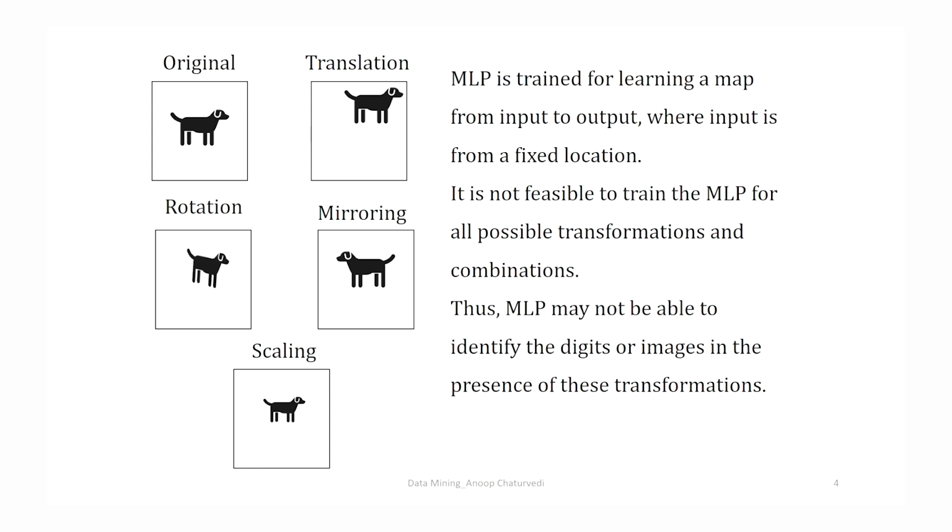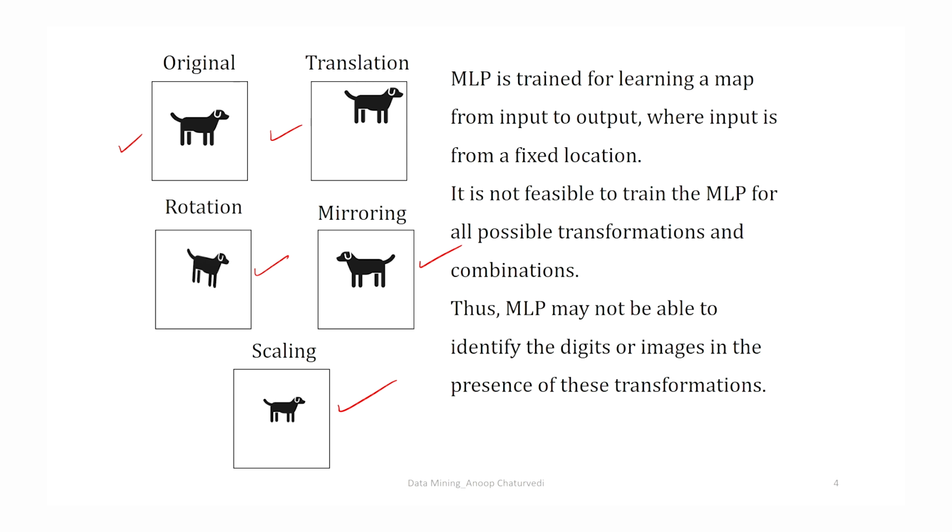So, here is the example which we have discussed in the last lecture also. This is the original image and this is the image after the translation, the image after the rotation, mirroring or rescaling.